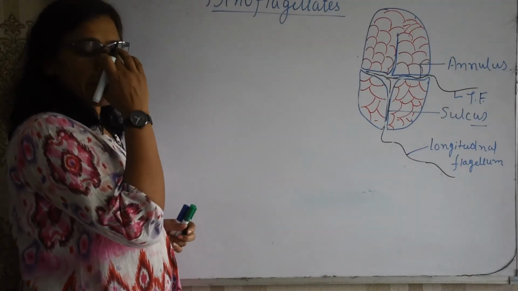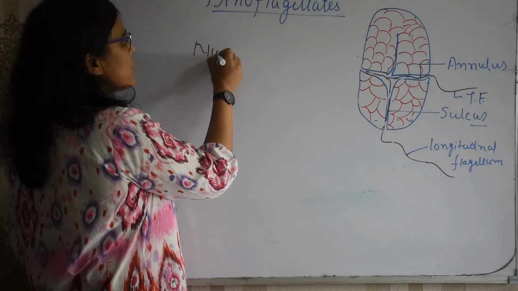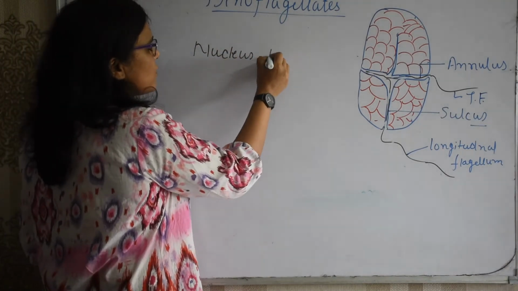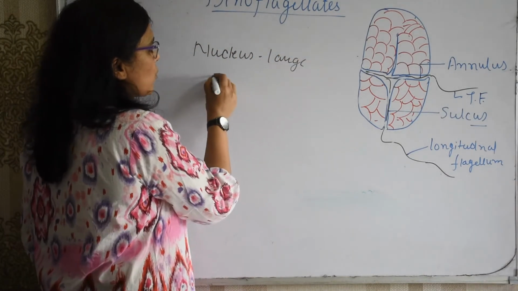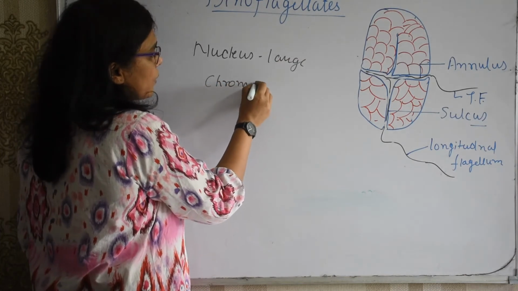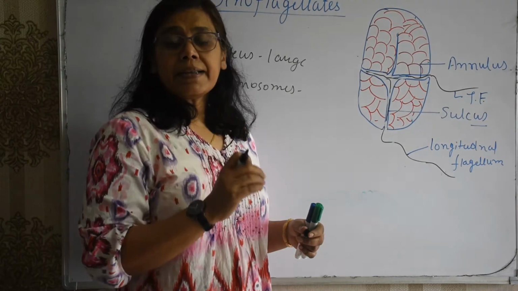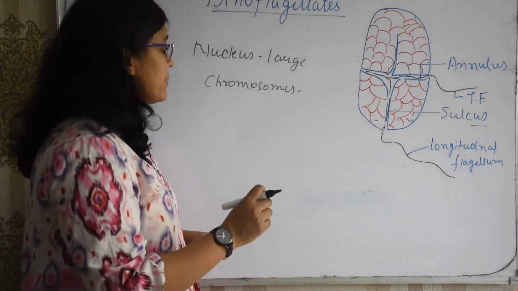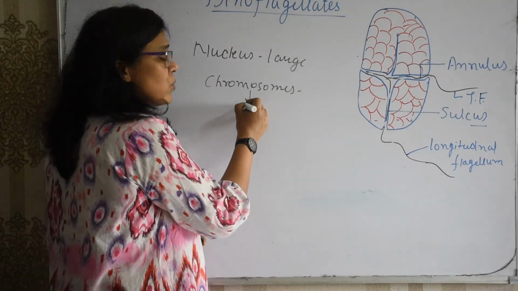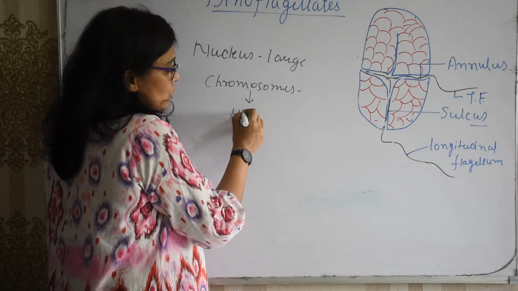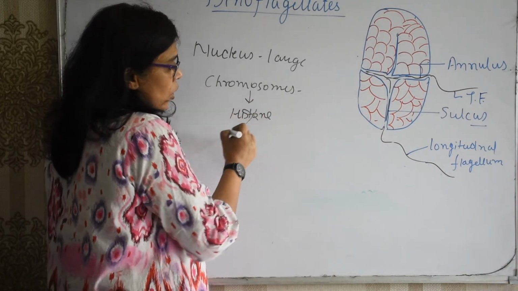Now we will see the next characteristic, that is the nucleus. The nucleus is quite large, and the chromosomes present inside the nucleus remain condensed even during interphase, and the chromosomes lack histone. So histone protein is not present.